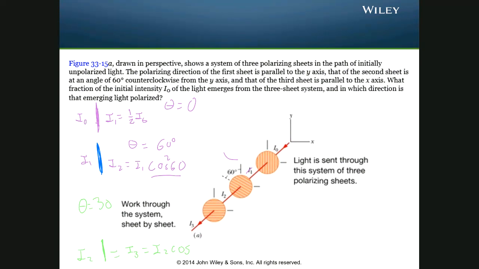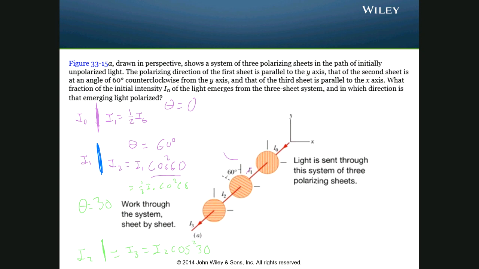Now this is 0. It turns by 30. So we can see here, we have cosine squared 30. All you have to do is plug in each thing. I1 can go here, and that's equal to 1/2 I0 cosine squared 60. And so you can plug in for I2 here.